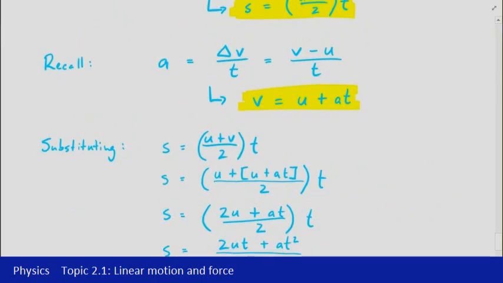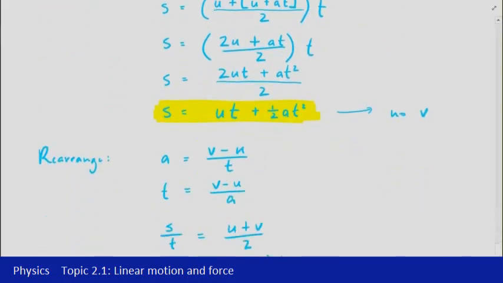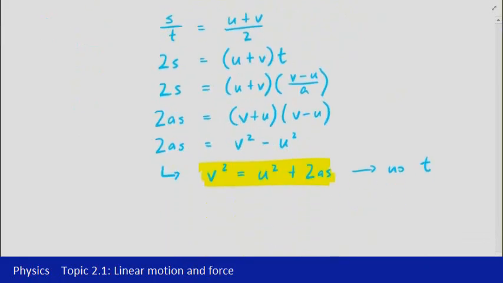If we go up to this one, there's no s, so we don't need to worry about a displacement in order to figure out something to do with velocities, acceleration and time. And for this one, there's no a. So basically, regardless of the scenario, there's an equation that you'll be able to use to figure out an unknown quantity. So we'll go through and do quite a few problems in class using these equations, and then, like I said, we'll use them in other scenarios as we move further forward as well.